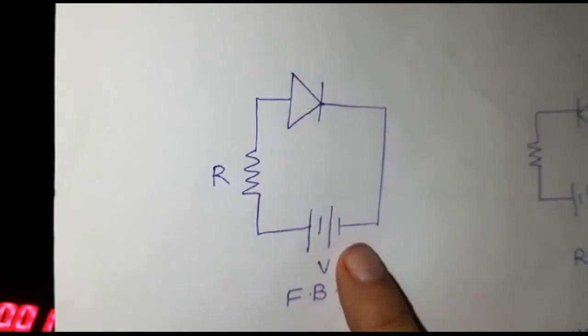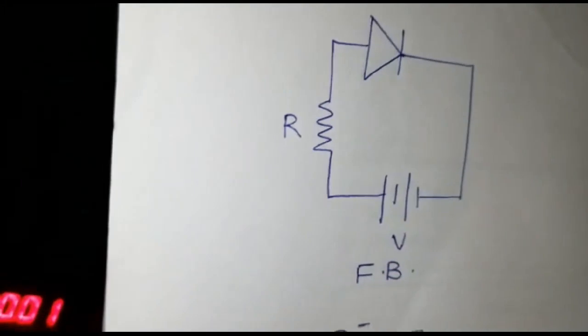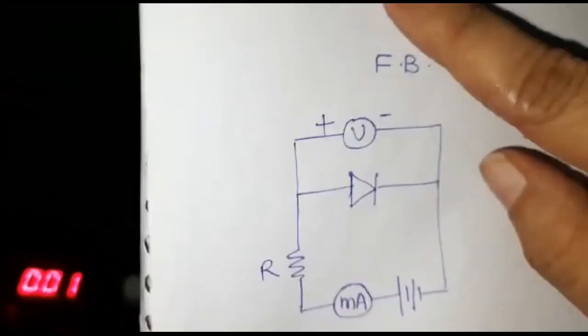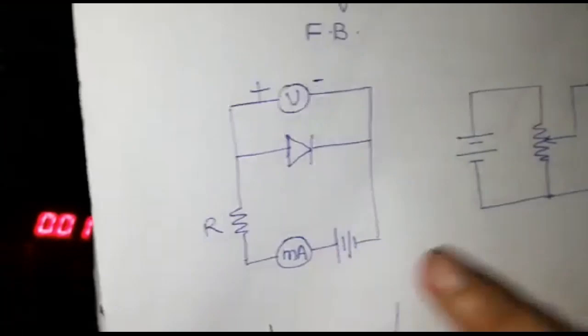When we increase from 0 to 1 volt, we measure the voltage across this diode by this voltmeter, and the corresponding current through the diode is measured by this milliammeter. This milliammeter is connected in series, and the DC voltmeter is connected in parallel.